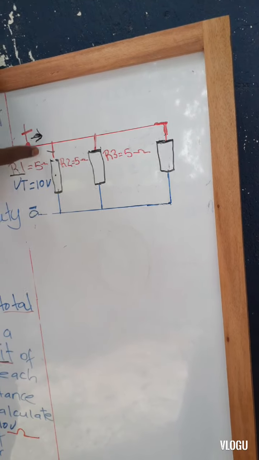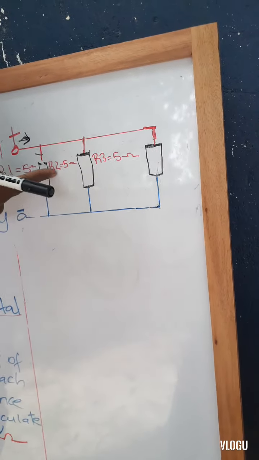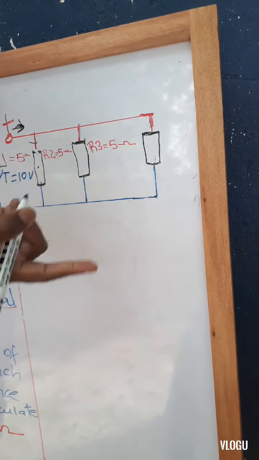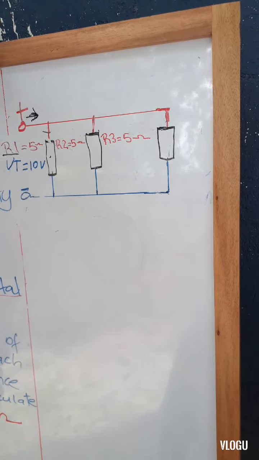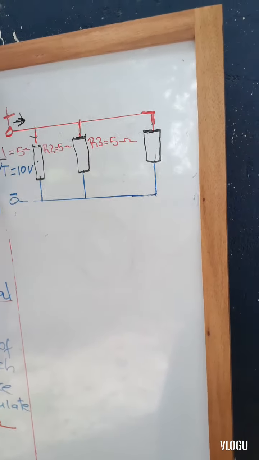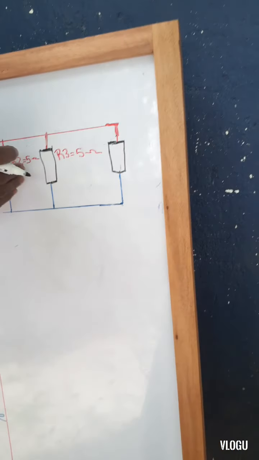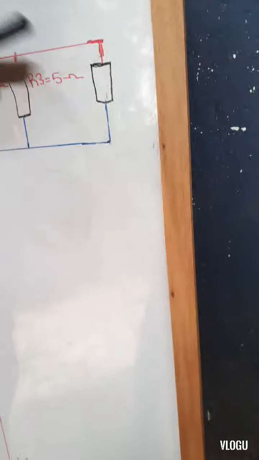So the electricity comes here first, then it goes on to R2, which we label as R2 here, which means resistor 2, and it goes to R3, which is resistor 3, right? So the current flows to all 3 of them, but some are closer to the source than others, right? So hence we label them like this.